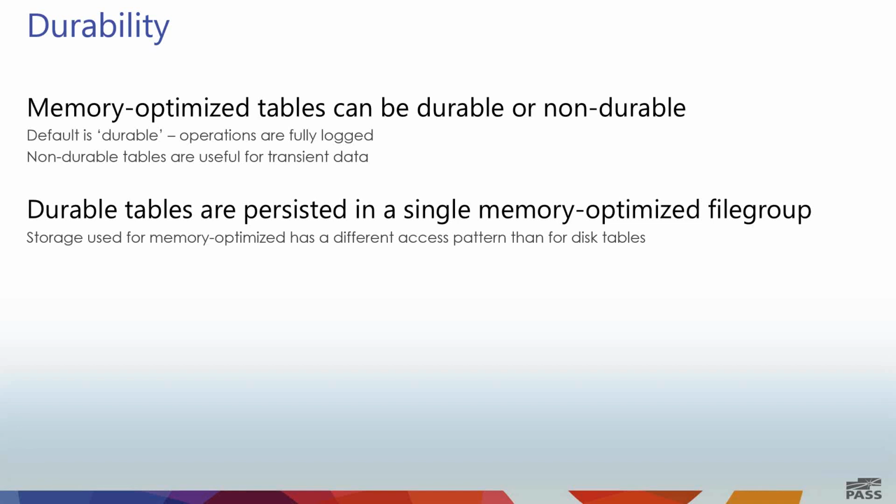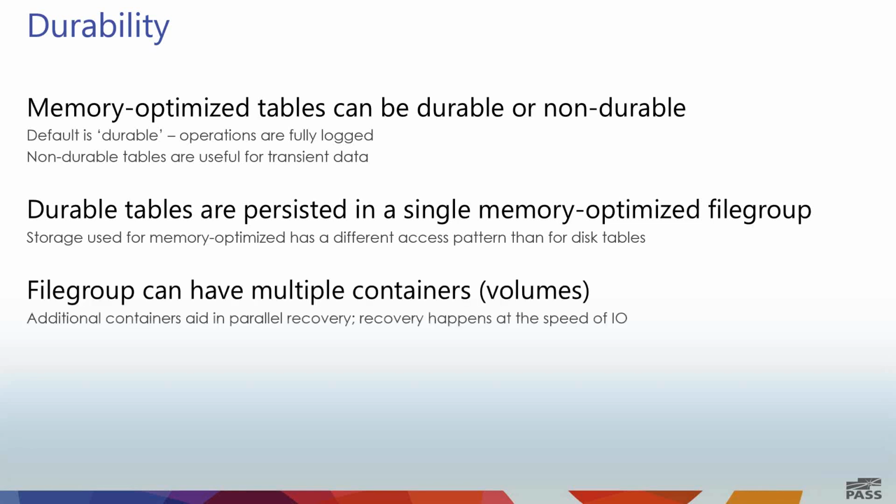We have these append-only files, and during database recovery, we also read the data in order. That brings some special considerations that we'll mention later on. Also, this memory optimized data file group can have multiple containers, so you can spread your data over multiple disks, which helps especially with recovery, which often happens at the speed of I/O. So let's go to the next slide on logging.